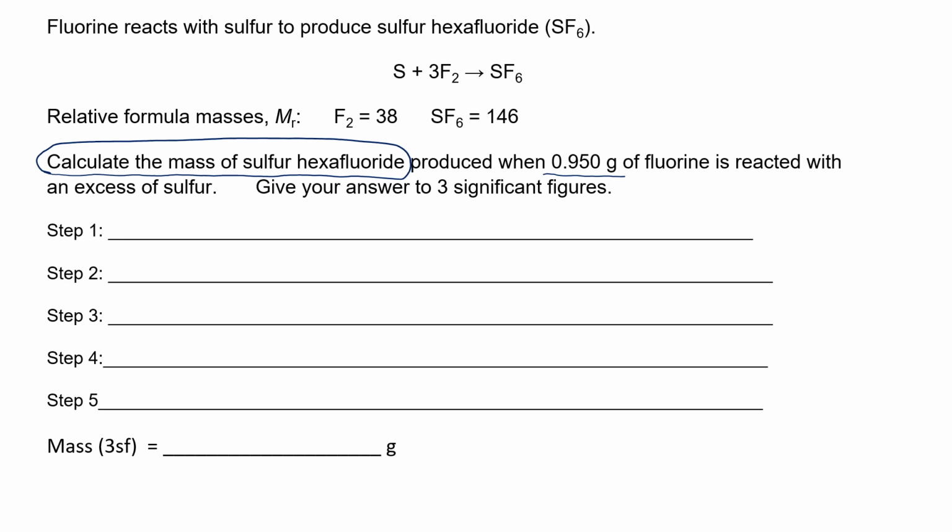And then we have the balanced equation at the top, and then we have the MR of the element and the compounds involved. So the first step in any calculation like this is to write out the balanced equation, and I'm just going to include the relevant parts for this calculation, which is the 3F to SF6.